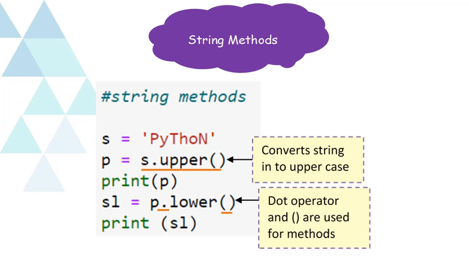Python has inbuilt string methods like converting all characters into uppercase or lowercase. Here s dot upper will convert all the s string into uppercase characters and p dot lower will convert all the uppercase characters into lowercase characters.